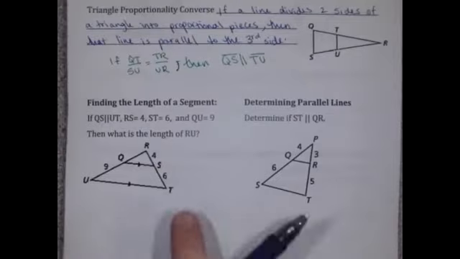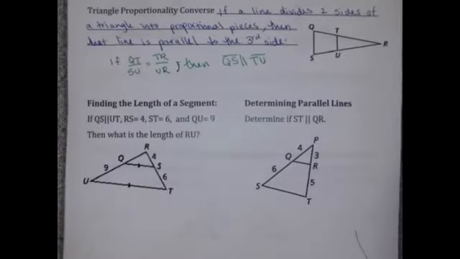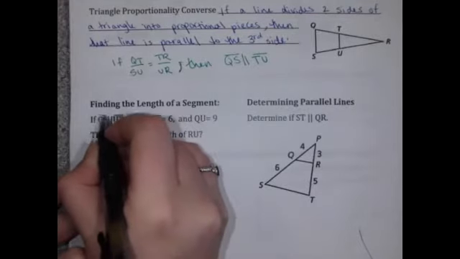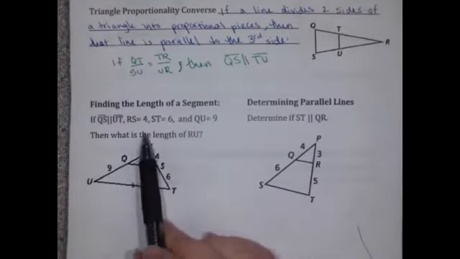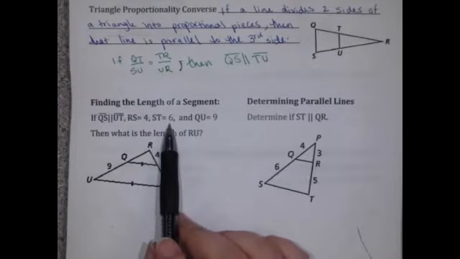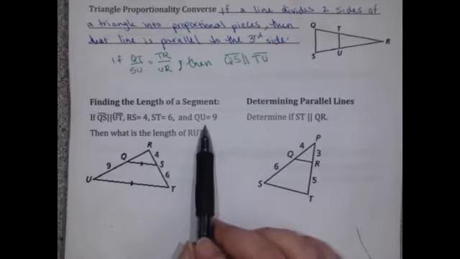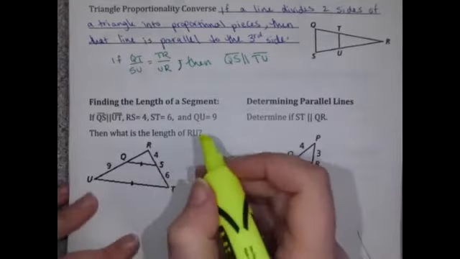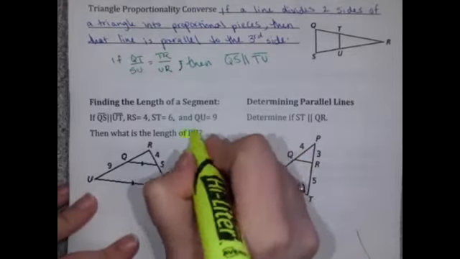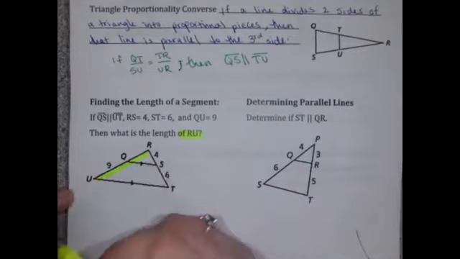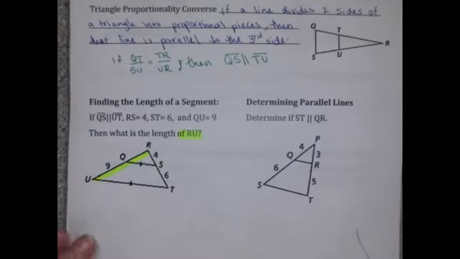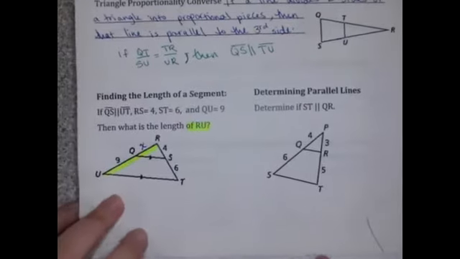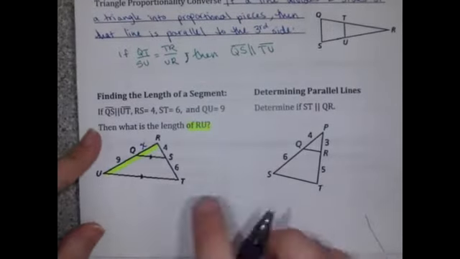Let's use those. Here it's saying if QS is parallel to UT and RS is 4, ST is 6, and QU is 9, what is the length of RU? Keep in mind, RU is this whole piece. First, let's find this missing piece. Let's call it x.